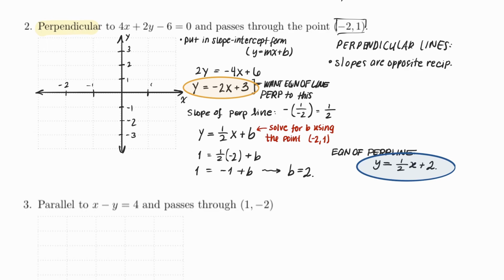Okay, so let's graph y equals -2x plus 3 first. My y-intercept is 3. And if you want, you can use the rise over run business that we did in class to figure out what the next point will be. I'm just going to plug in x equals 1 and see what the actual coordinate of that point will be.